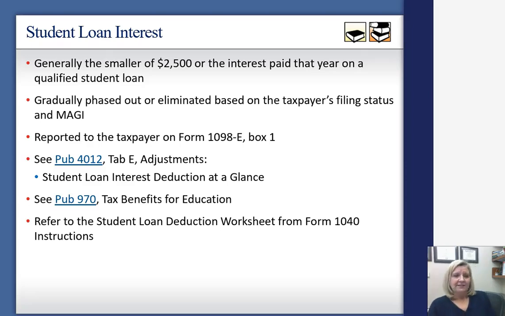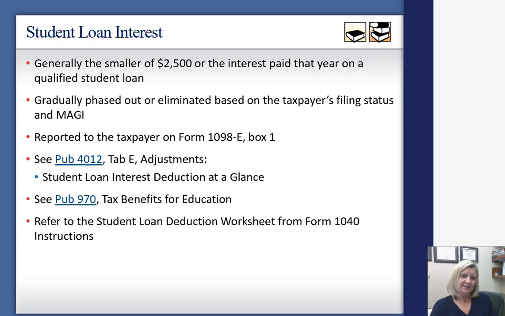All right, if a taxpayer's modified adjusted gross income is low enough, which it should be if they qualify for the Volunteer Income Tax Assistance Program, and they are paying student loan interest, they can have an adjustment to their total income for the smaller of interest paid or $2,500. So this is a pretty big adjustment to income.